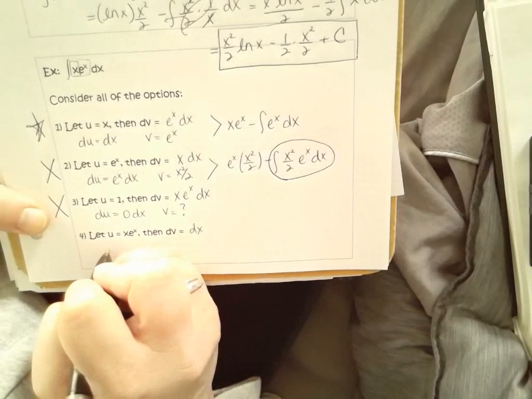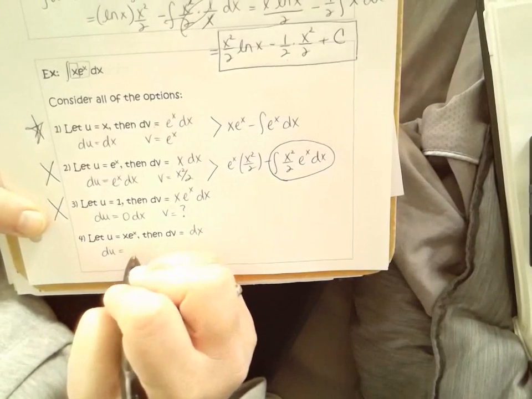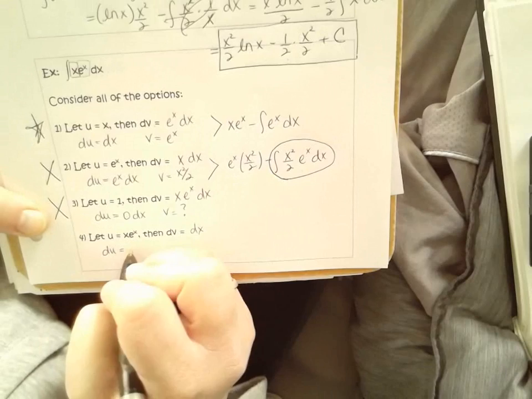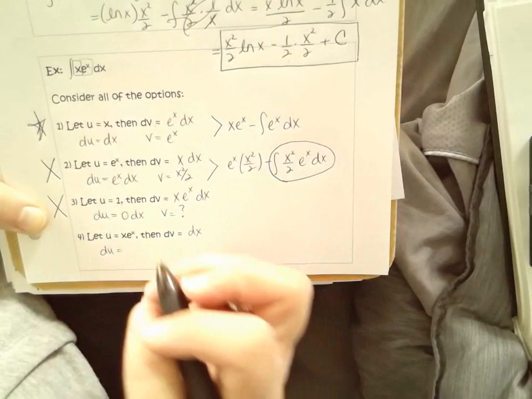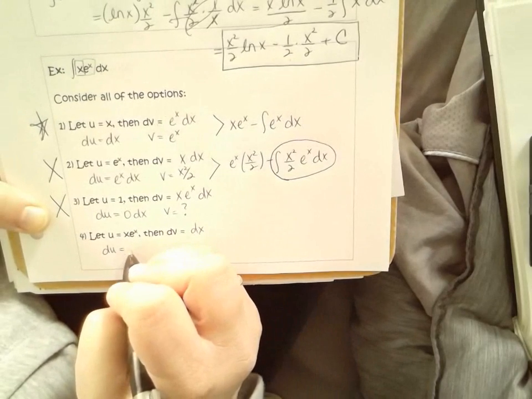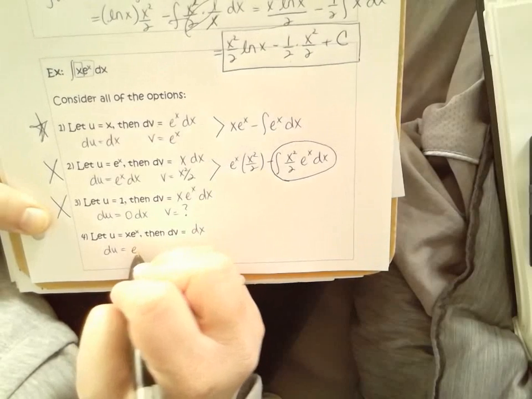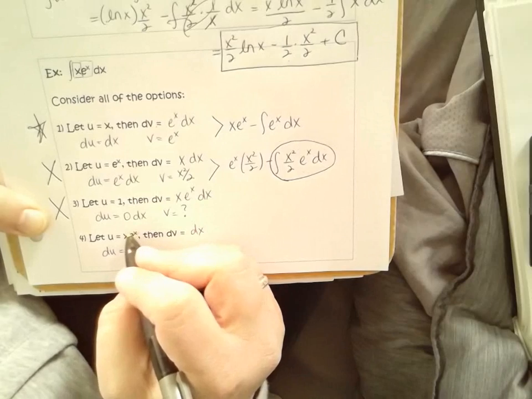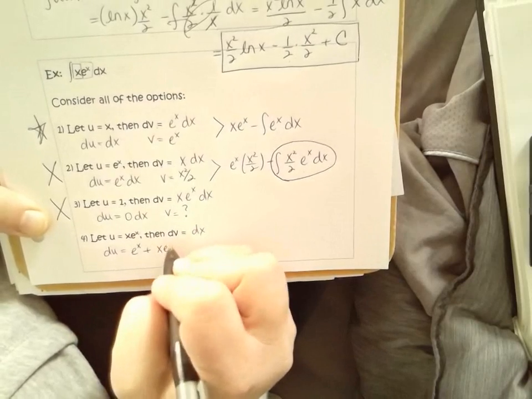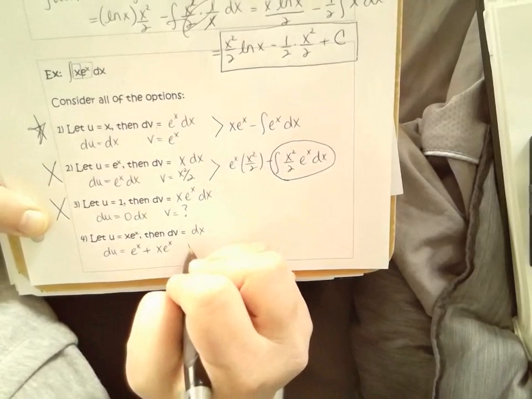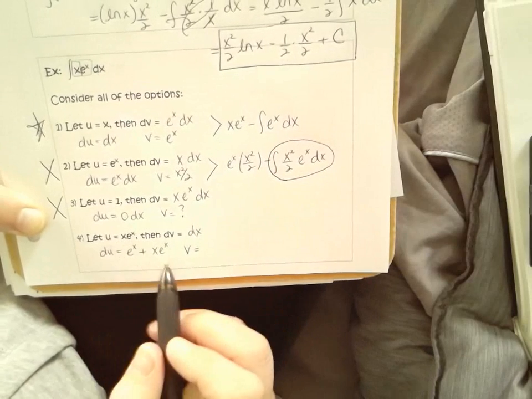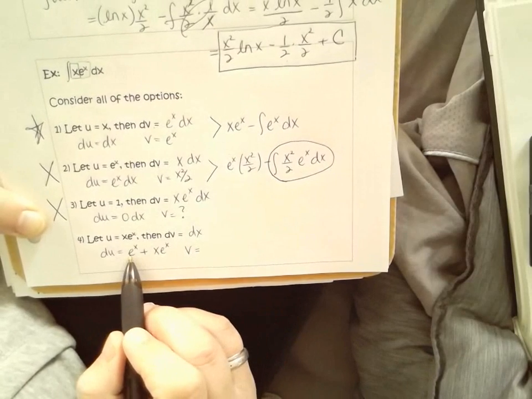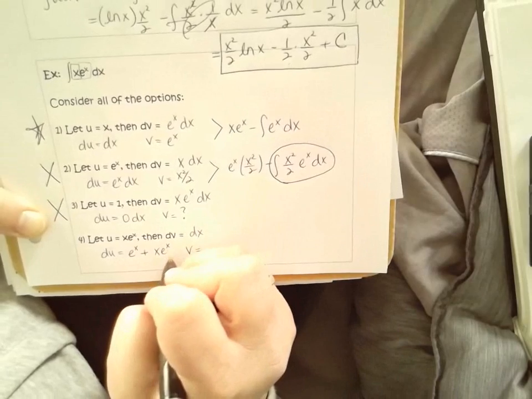If u was this, then du would be, according to the product rule, I'm going to try and remember the way that you guys have been taught this. So it'd be the derivative of the first times the second plus the second's derivative times the first. Now I learned it as the first times the derivative of the second plus the second times the derivative of the first. Oh, and I forgot my dx in here.